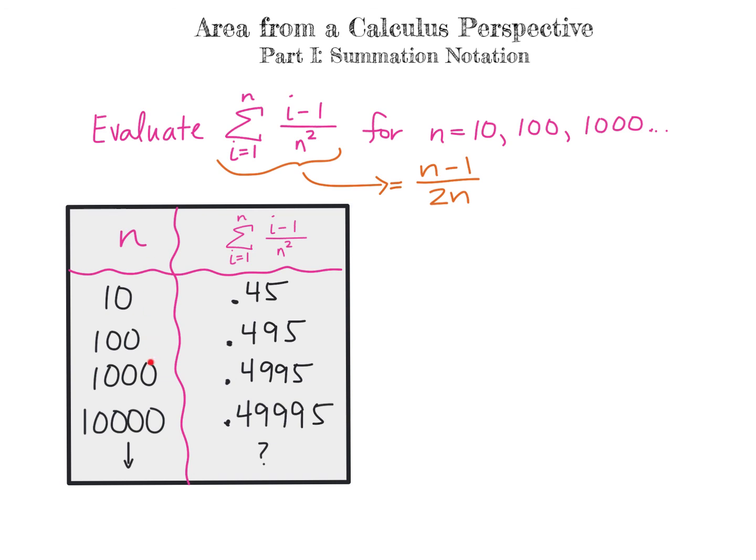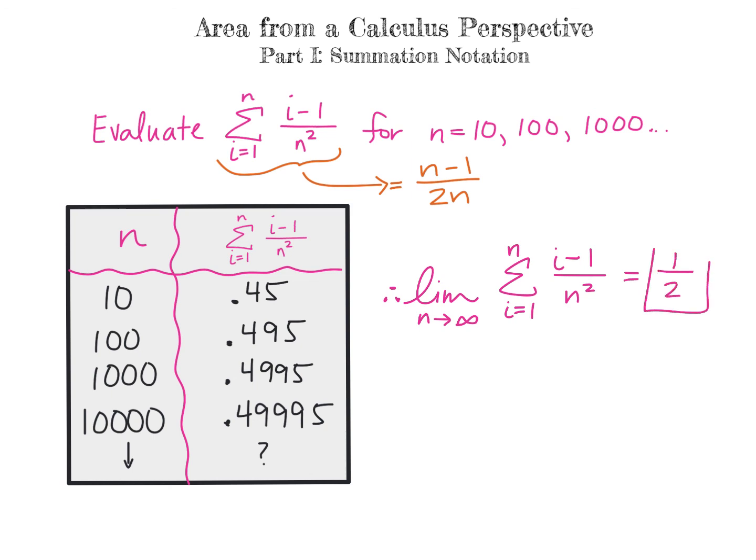We can clearly see that as n is getting larger and larger, approaching positive infinity, our summation values are approaching 0.5. We come to the conclusion that the limit as n approaches infinity of this summation from I equals 1 to n of I minus 1 over n squared actually equals 1/2.